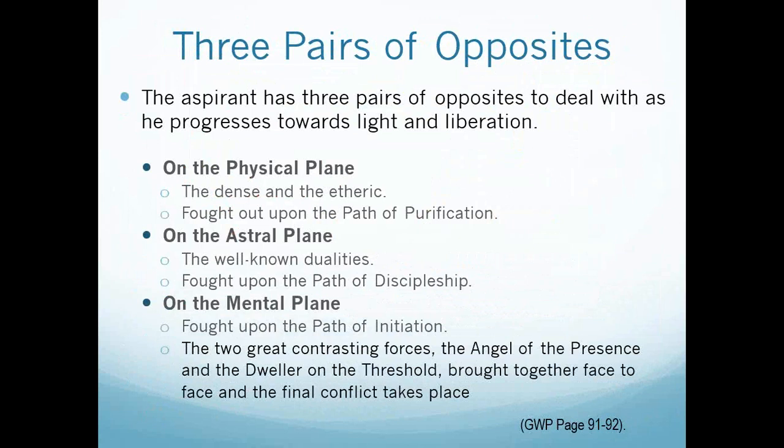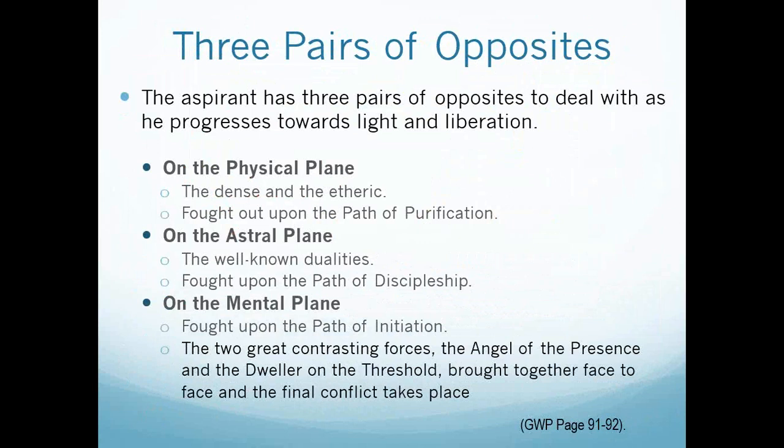For the aspirant, there are actually three pairs of opposites to deal with as he progresses towards light and liberation. On the physical plane, there's the dense and the etheric. This is fought out upon the path of purification. On the astral plane, it's the well-known dualities. These are fought upon the path of discipleship.